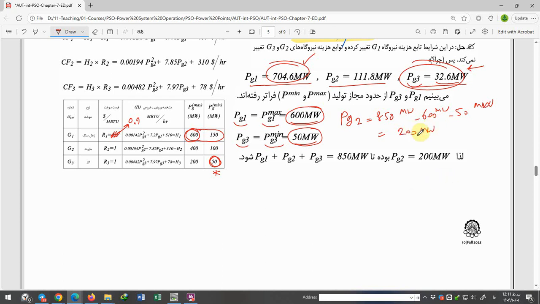So this is the optimal dispatching of active power, respecting the minimum and maximum of each generator, and satisfying the equality constraint for balancing demand and generation.